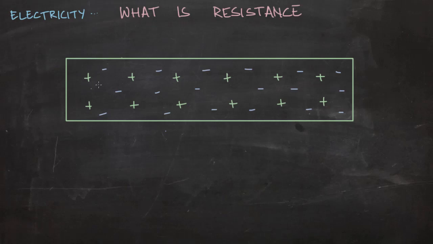Now, these free electrons that we're looking at move about freely within the bulk of this material. That is, they can move about in any direction that they want. So, when we consider a business as usual scenario, these electrons are just moving about randomly.